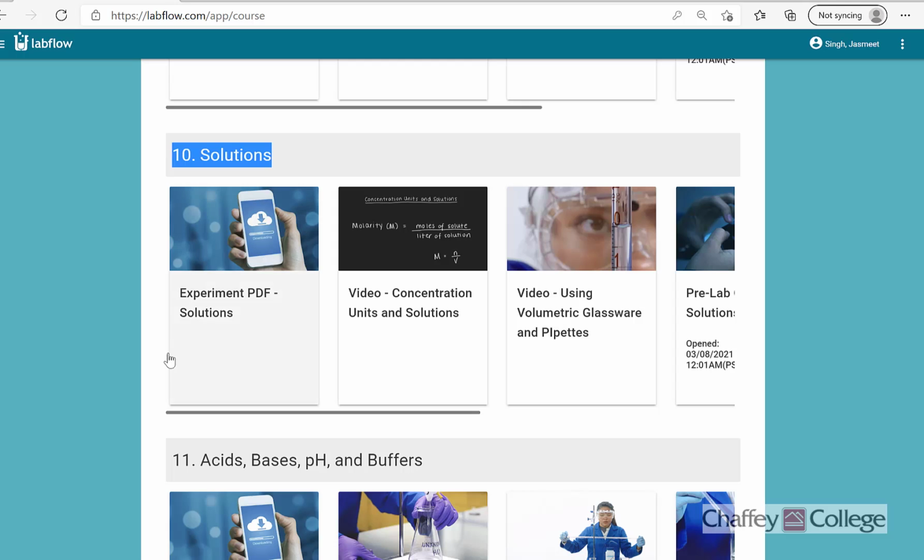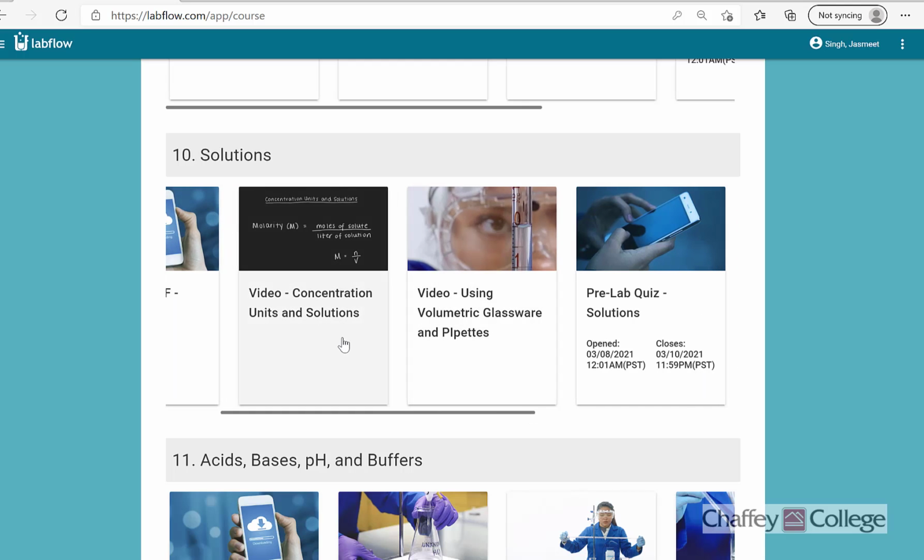So let's dive in. As usual, the experimental procedure is given in the first tab here, and the videos related to this experiment are given in the next two tabs. In this tab, you will find a video which explains how to measure the concentration of any solution.